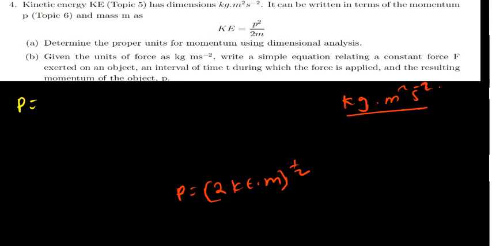We have 2. Then kinetic energy we are going to replace with what? kg meter squared s to the power negative 2. And then for m again we are going to put what? No, it's mass, right? It's going to be kg as well, right?